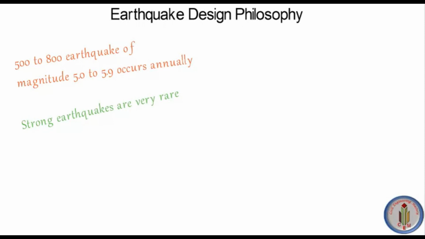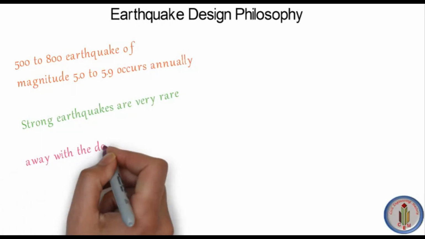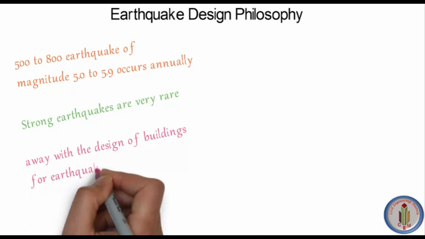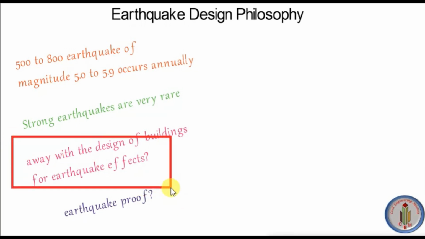So here comes the conflict for the engineers: whether they have to design the building without considering the effect of earthquake, or should they design the building to be earthquake proof. This conflict arises for the engineers in design of earthquake structures. Among these two cases, the former creates a major disaster since they don't consider the earthquake effects when designing a structure. The second one is too expensive.